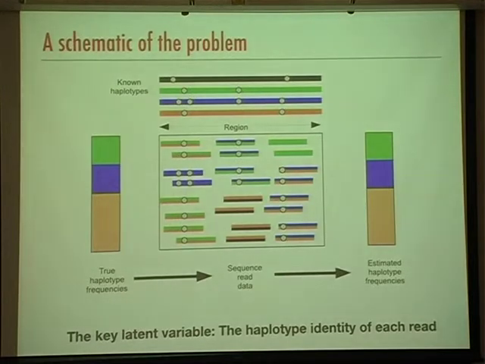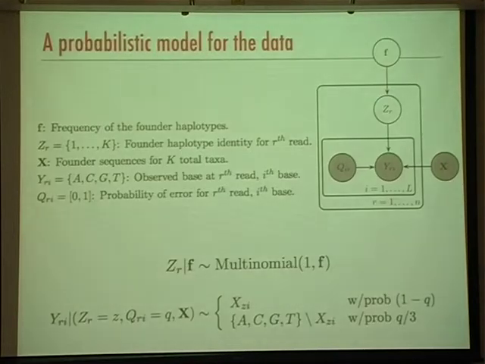This is another case like in the structure model that I showed earlier, where we didn't know the ancestry of each gene copy, but if you add that variable into the model, then a lot of the probabilistic calculations become straightforward. We have a similar latent variable here: if we know the underlying haplotype identity, it's quite simple to estimate haplotype frequencies, right? The problem comes up in the ambiguities. So we're going to introduce that variable into the model. Okay? And I'm going to show some equations in the next few slides, and let's just try to think about this.